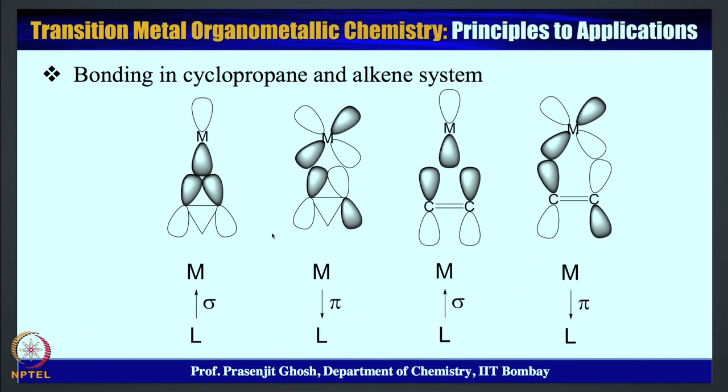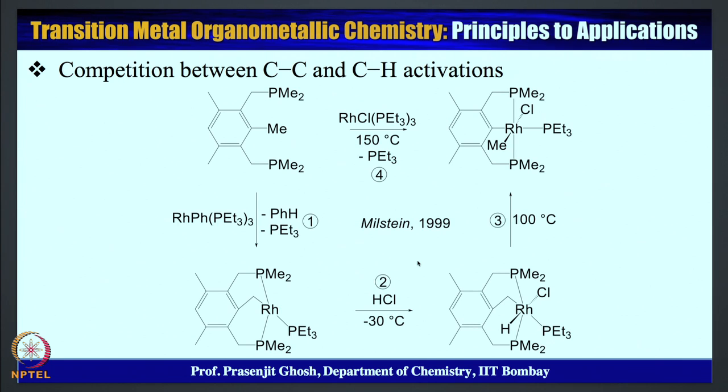When it undergoes C-C activation, there is a release of strain and it gives a metallocycle, resulting in stability as well as the forward reaction. Now, with this background, we are going to look at another interesting example where there is a competitive activation between a C-C and C-H bond, and we would see how one dominates over the other.